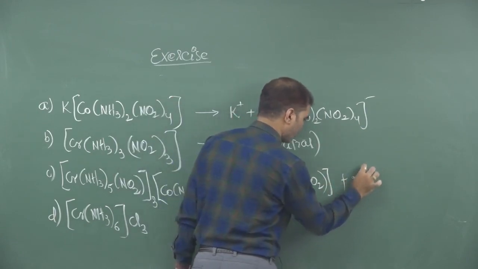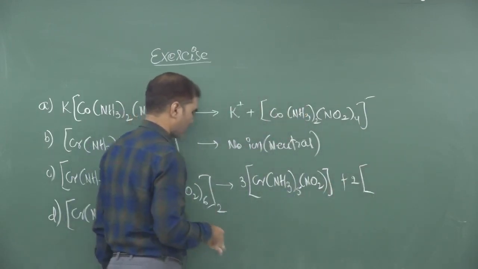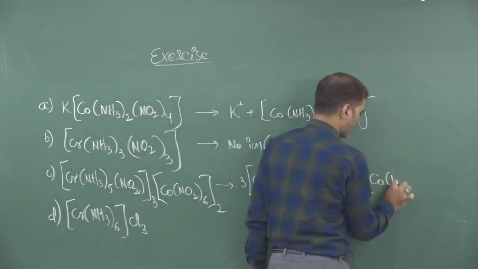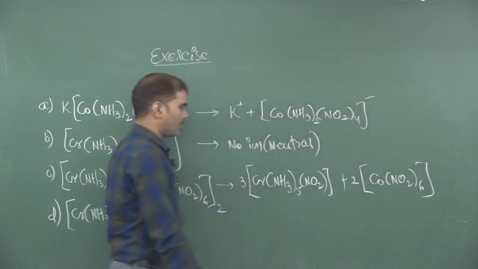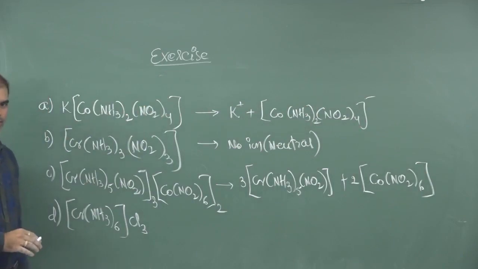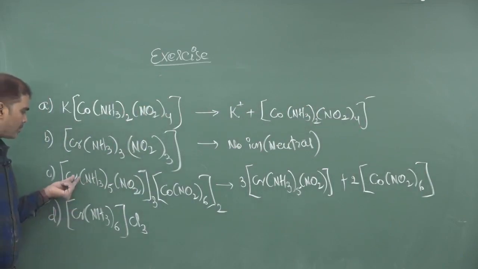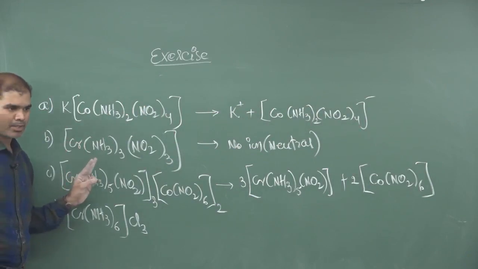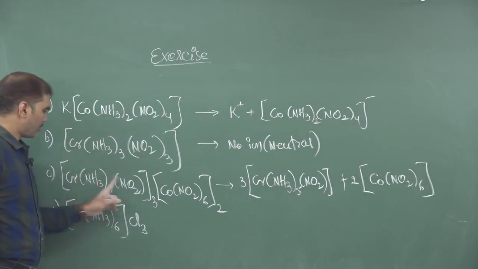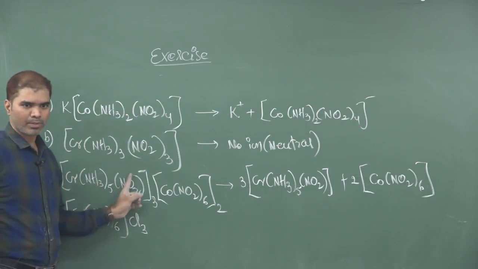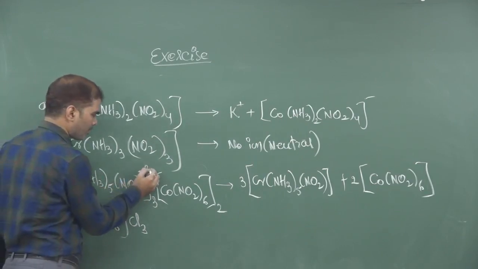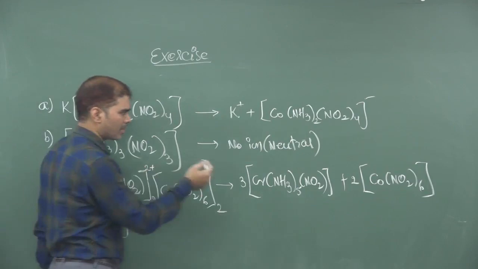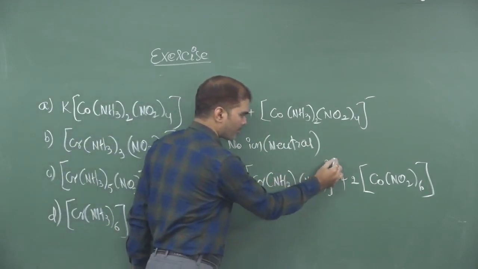Along with this, 2 cobalt NO2 taken 6. What should be their charges? Now they should be in +3 oxidation state. If at all they are in +3 oxidation state, for chromium there is only one NO2. So what should be the charge? It should be 2+. So the same 2+ will also come here.